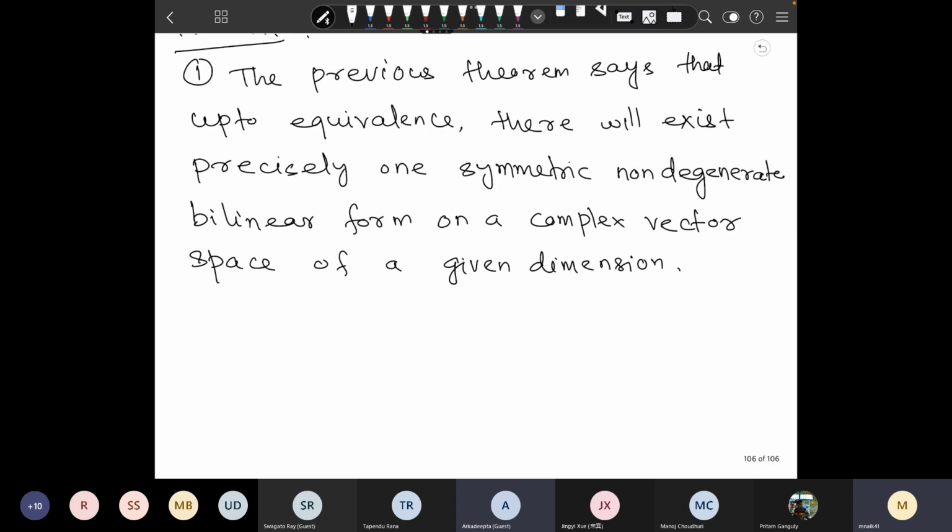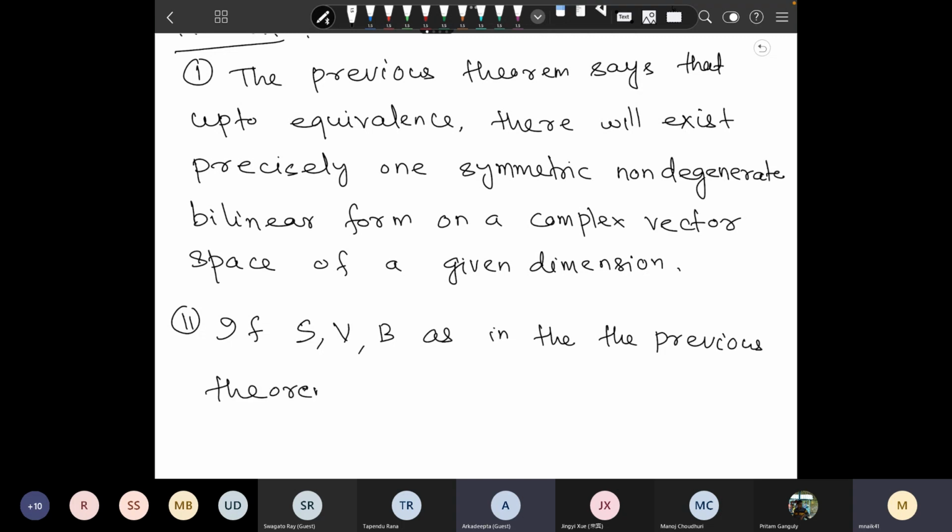Second remark: if S and V are as in the previous theorem, then the orthogonal group O(S, B) is equal to O(n, C).